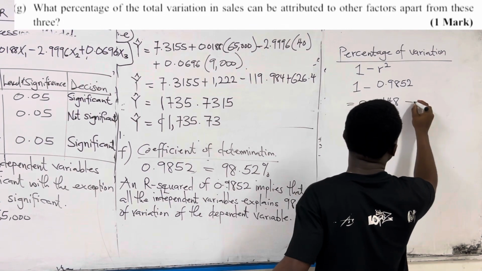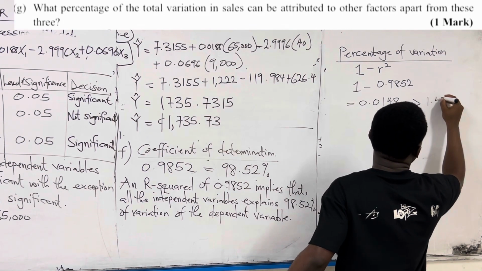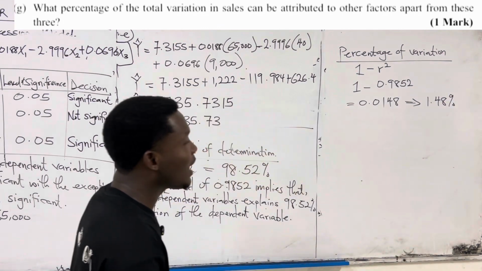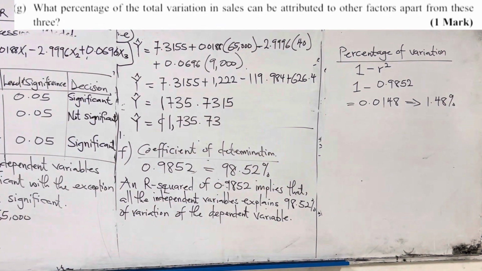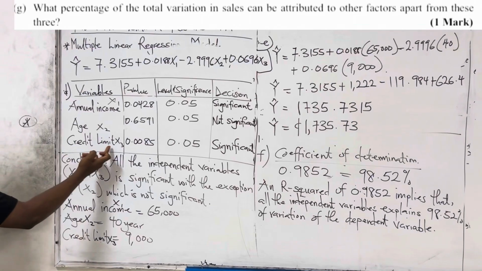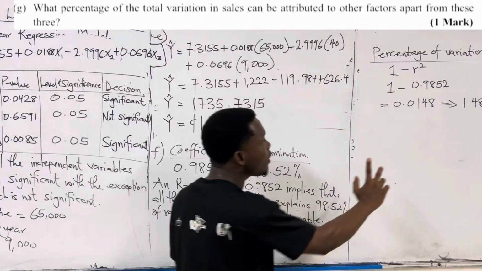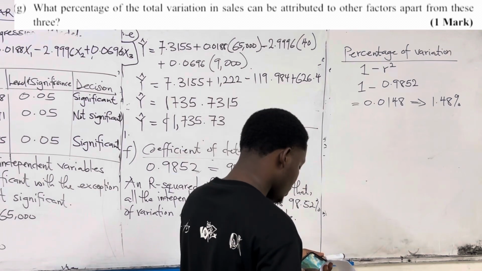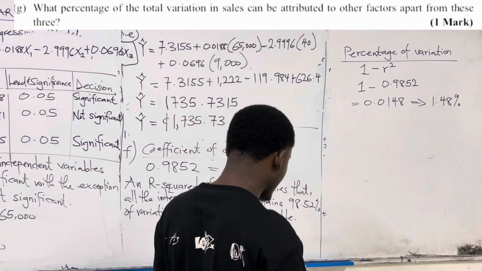That constitutes 1.48%. So other factors apart from our annual income, age, and credit limit will constitute only 1.48%. So we are done with question 2.